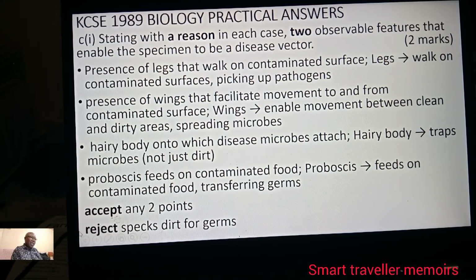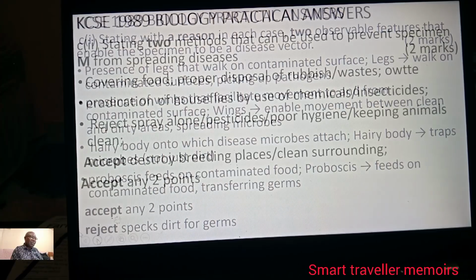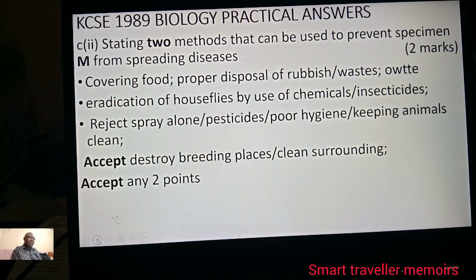And we can even say it in another way, that proboscis feeds on contaminated food, transferring germs. Accept any 2 points. Reject specks or dirt for germs.